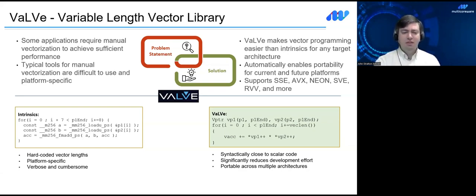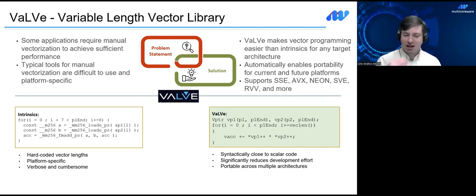And the question then is, okay, well, what should we do? Some applications require manual vectorization to get sufficient performance. So we're assuming that auto vectorization doesn't always reach your performance target. Basic enablement for any of these systems will allow you to reach manual vectorization targets with assembly programming or with intrinsics.